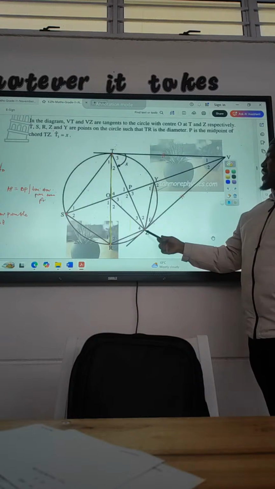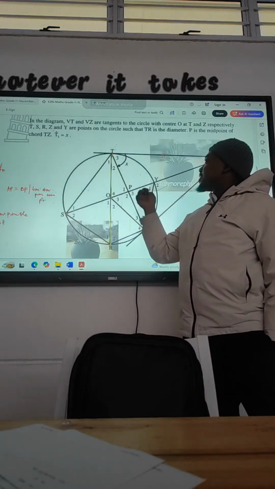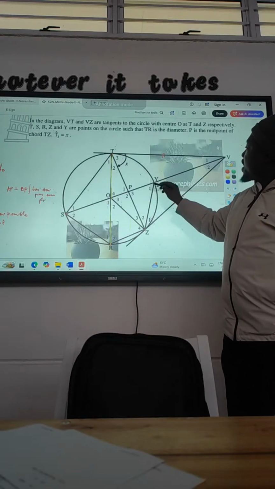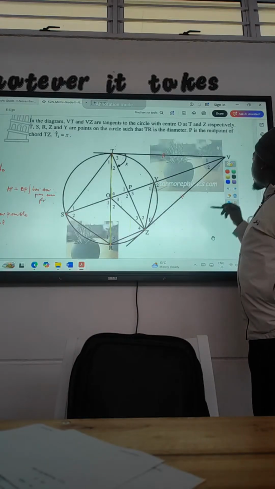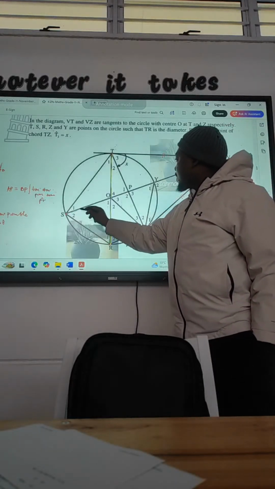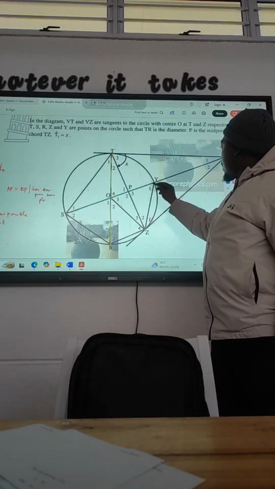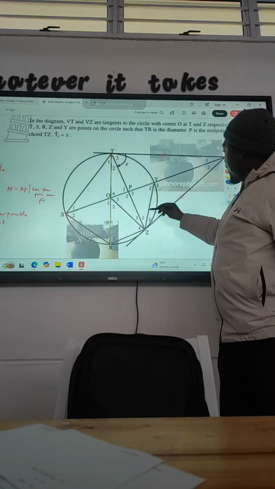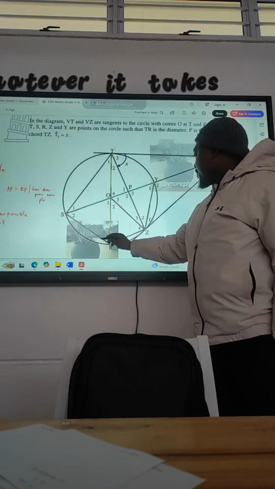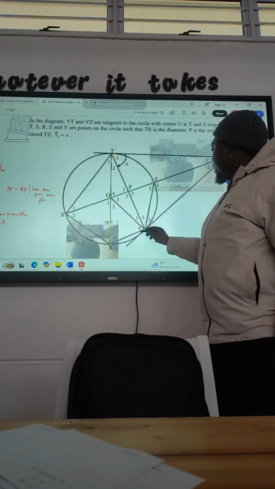You're telling me that these points are on the circumference, it means the points are concyclic together with Y, so we can build our cyclic quadrilateral. Four-sided. I think that's our first one.